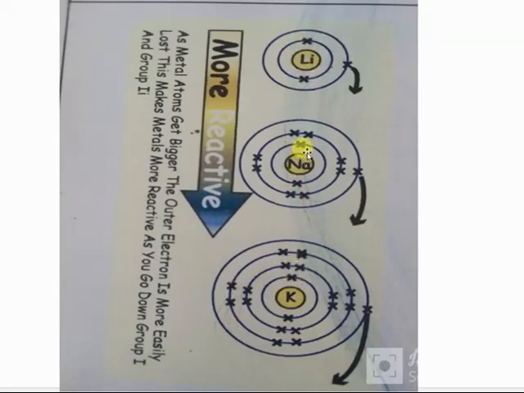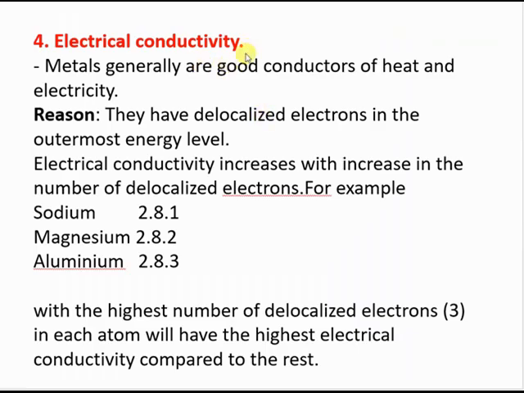So as the number of energy levels increases down the group, the strength of the metallic bond decreases. As the atomic radius increases, the strength of the metallic bond decreases. Therefore, the boiling point and the melting point decrease down the group.